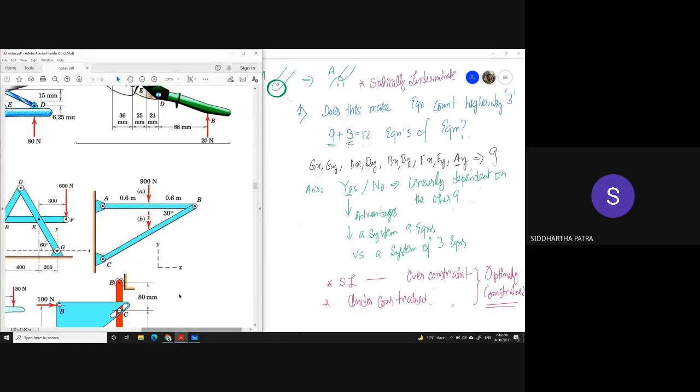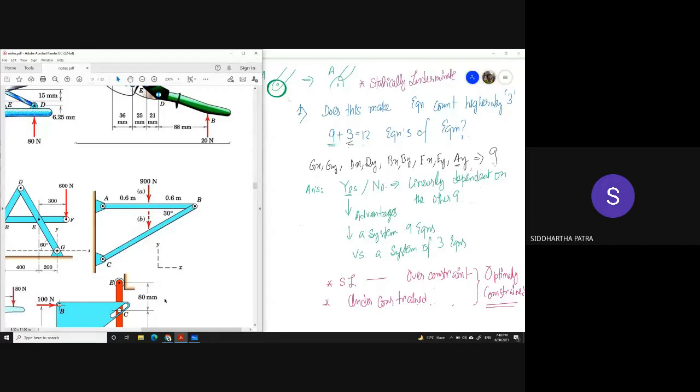In this problem, you see both the joints A and C are pin joints. That means you are receiving 2 unknowns from A and another 2 unknowns from C, so a total of 4 unknowns. Or sorry, 4 reaction forces coming from the ground, and that is making this structure optimally constrained.